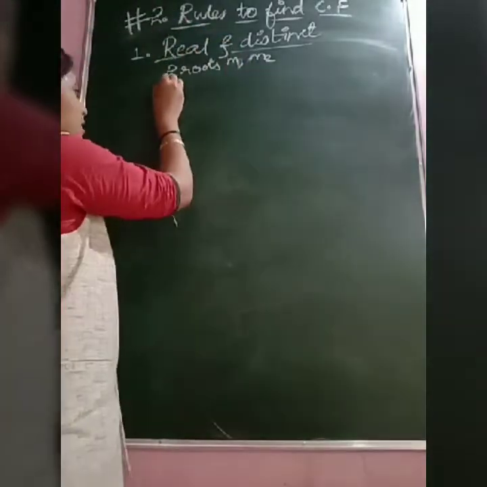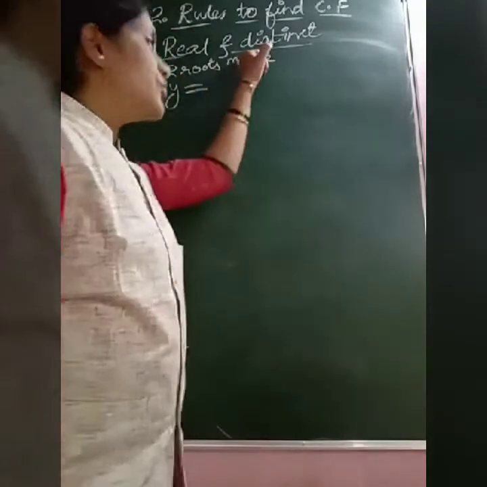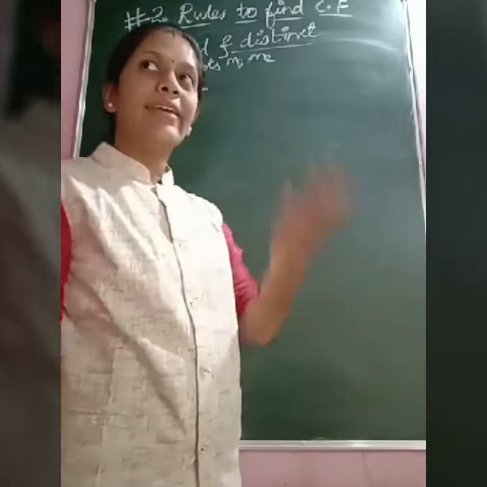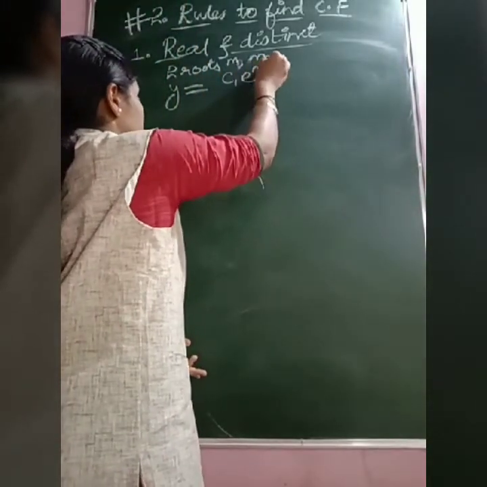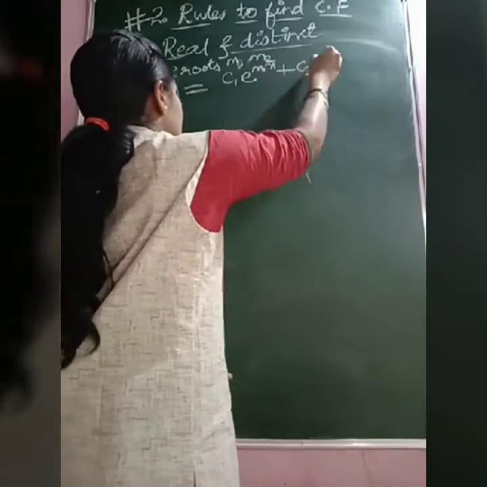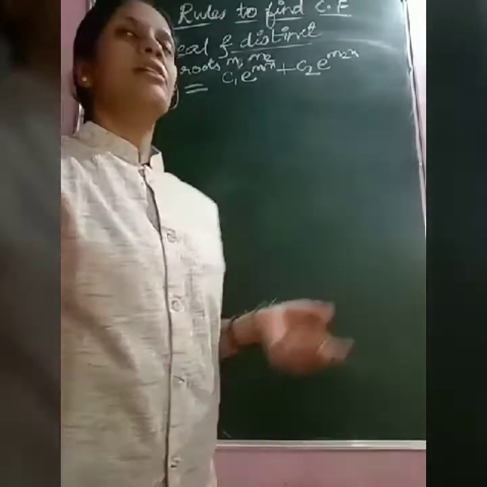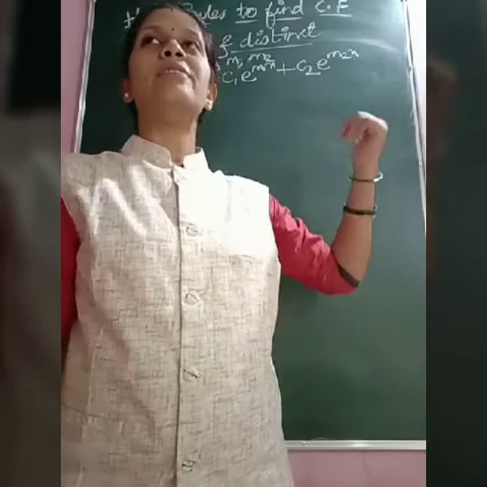Then CF is written in the form of solution, that is y equal to, two roots, so we will be having two constants: C1 e raised to m1x plus C2 e raised to m2x. So we will be solving examples based on this.